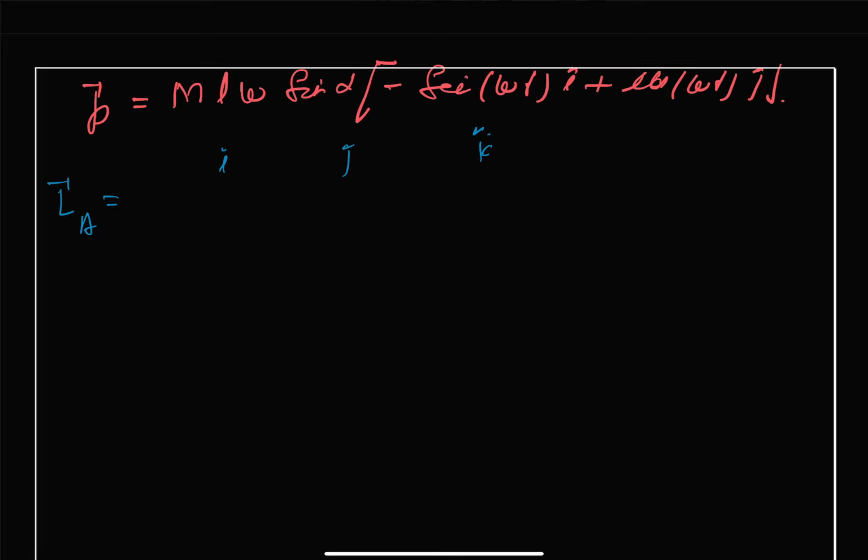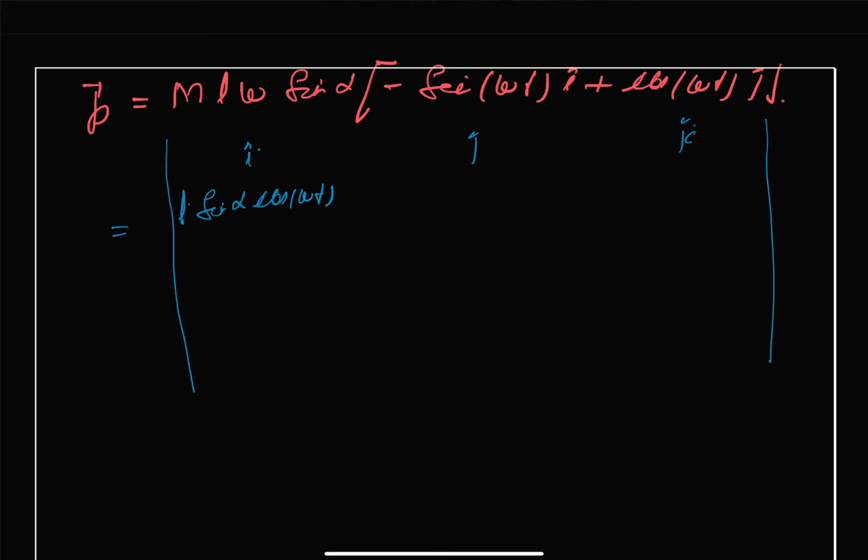Here i is L sin alpha cos omega t, j is L sin alpha sin omega t, k is minus L cos alpha.